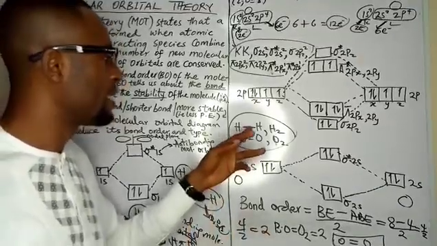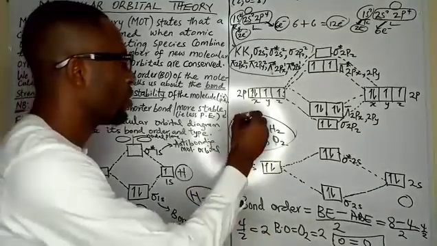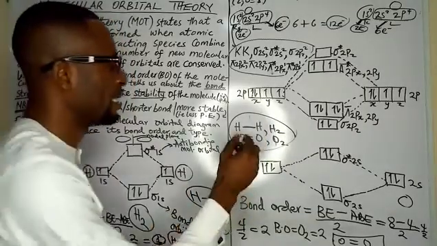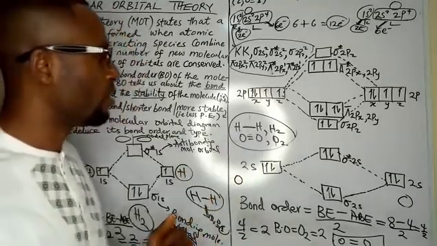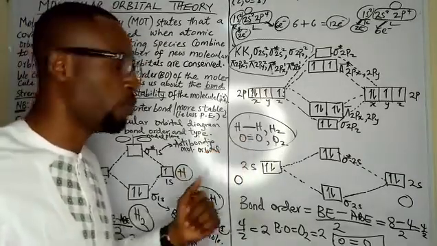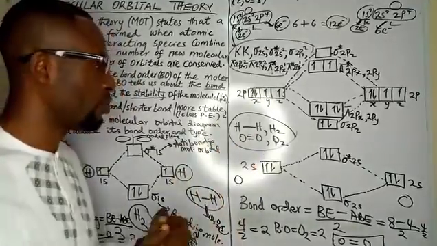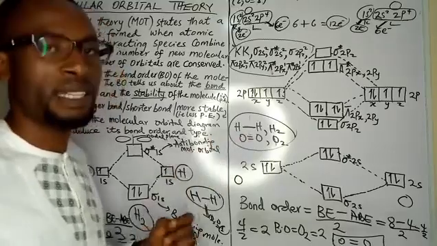So the higher the bond order, the shorter the bond and the stronger the bond. That means that the single covalent bond in hydrogen gas, which has a bond order of 1, is lesser in strength than the double covalent bond in oxygen gas with what? With a bond order of 2. So the higher the bond order, the shorter the bond, the stronger the bond, and the more stable the molecule.